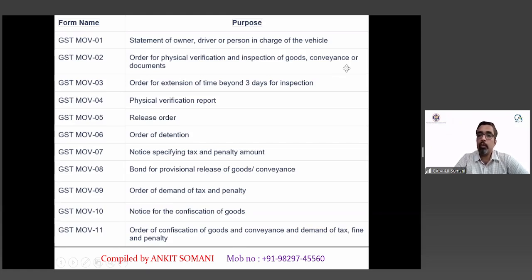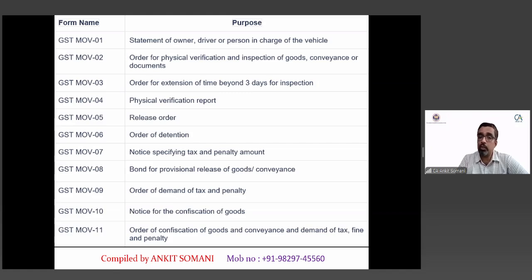MOV-02 refers to order for physical verification and inspection of goods, conveyance, or documents. MOV-03, order for extension of time beyond 3 days of inspection. MOV-04, physical verification report. MOV-05, release order, whenever the owner or the consignor or the consignee makes payment of the respective penalty amount.